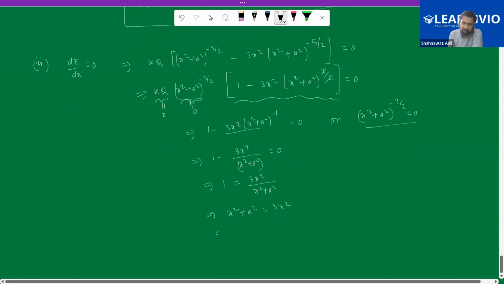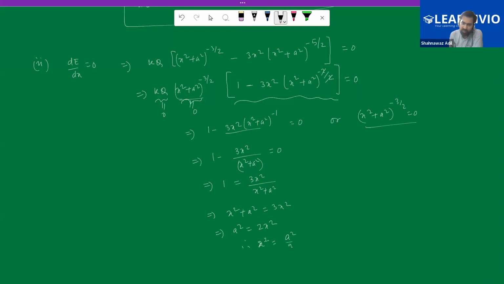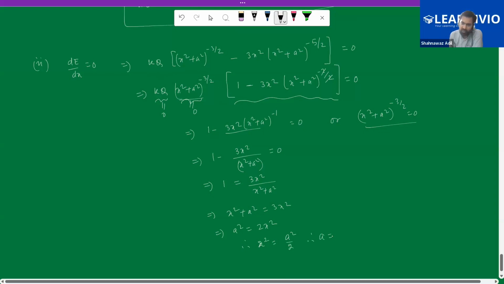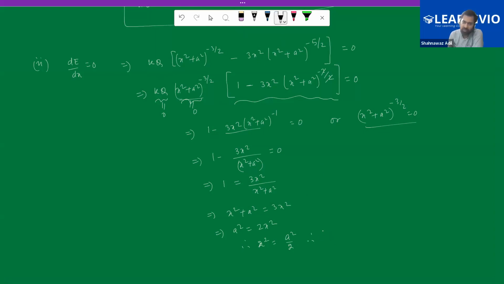And then a² is 2x². So 2x², or x² is a²/2. So x is root of a²/2.